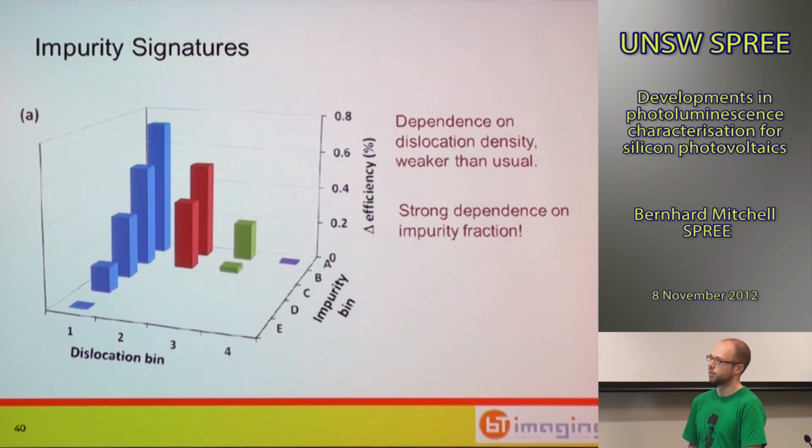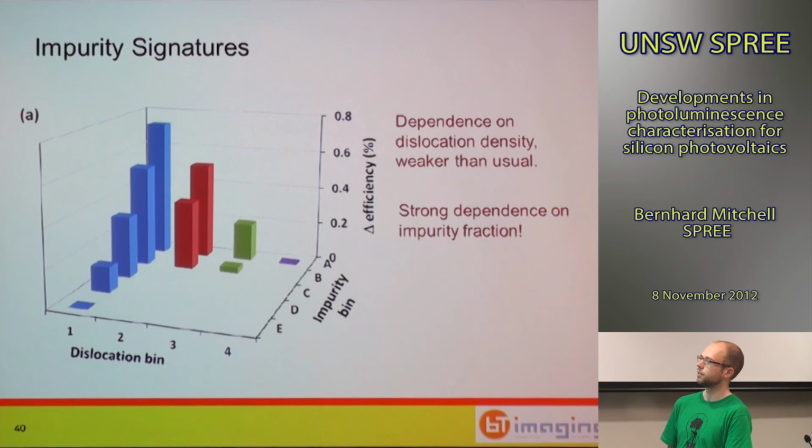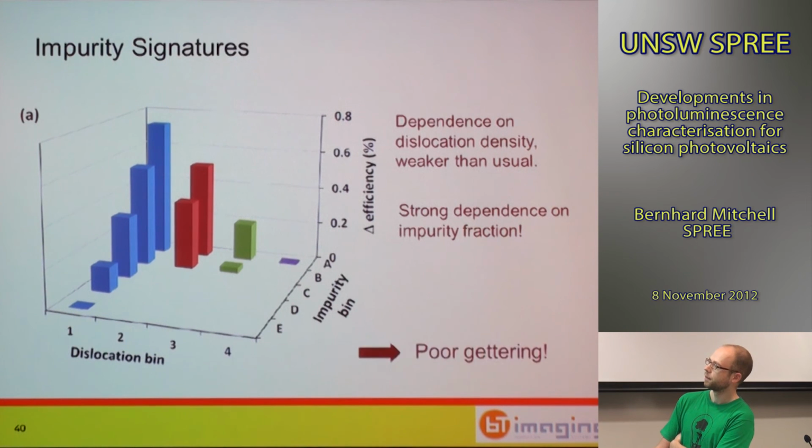VT Imaging then studied the production lines of several companies, and they rated these impurity signatures and the dislocations in a non-disclosed way, so that we have a dislocation bin and an impurity bin.